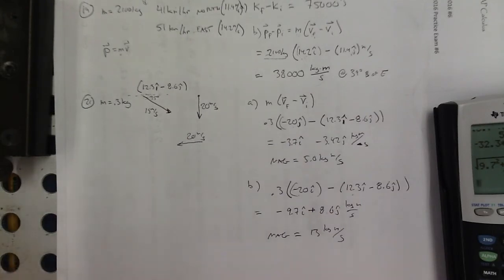Let's check those answers. 13. Why is there only one? Oh, 13. Why am I checking 13? This is 21. Because I got 13 as an answer. They have 10 for this, so I did something wrong. Let's see.